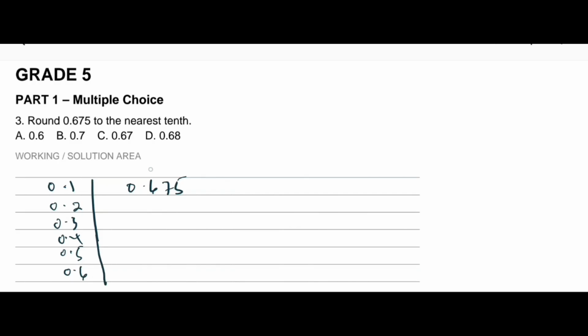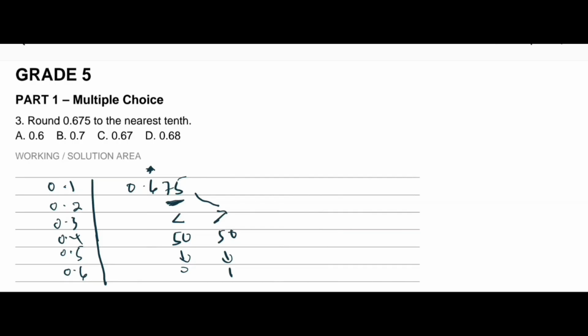Okay, so it means the main number is the one here. What you have to find out is the other numbers that come after the main number. So you ask yourself, if the 75 is less than 50, you round it to 0. If the 75 is more than 50, you round it to 1 and add it to the main number.